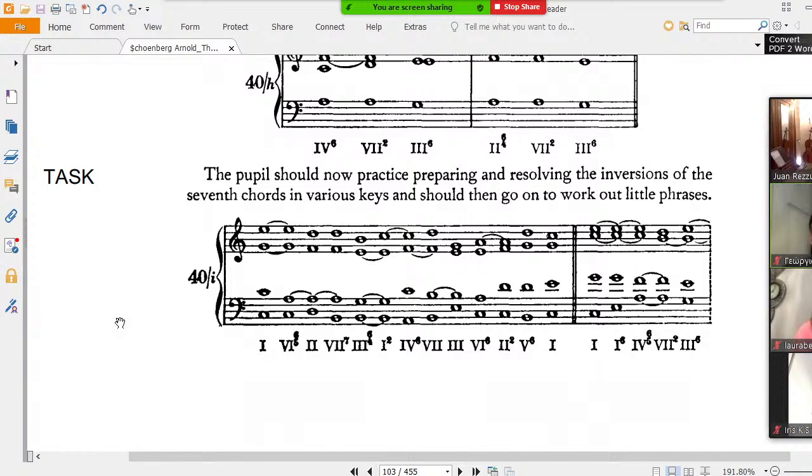Now, you have to be aware of close and open positions, the melody in the soprano and the bass, and the counterpoint in between them. In this case, you have the melody in the soprano, so there's no leaping around.